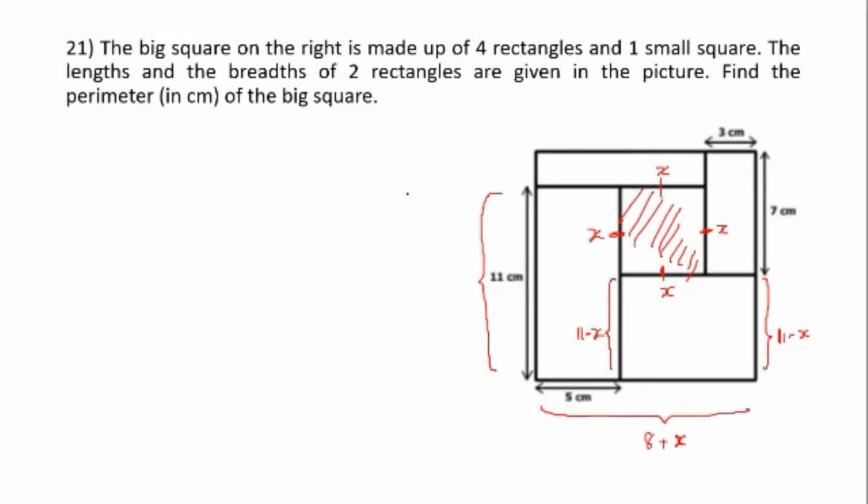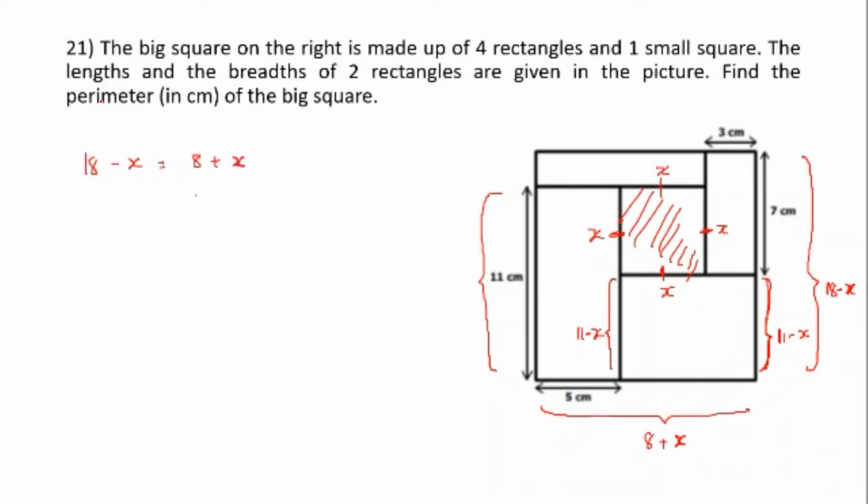length of the square. If you don't understand the x, let's just say that it's 8 centimeters plus the length of the square, and this is 11 centimeters minus the length of the square. So actually this side can be written as 18 centimeters minus the length of the square, and the 18 centimeters minus the length of the square should be the same as the 8 centimeters plus the length of the square, right?